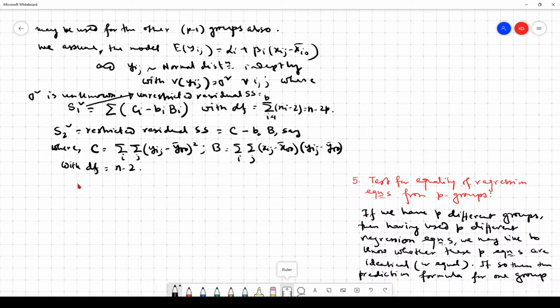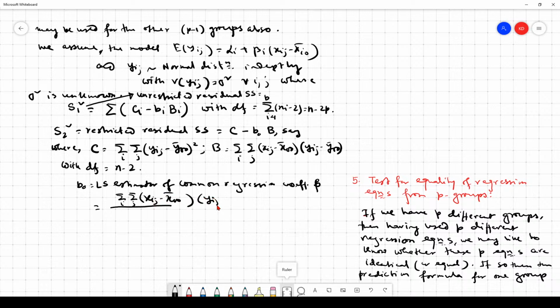And the B naught is a least square estimate, the estimator of the common regression coefficient beta, and this is equal to the double summation ij of Xij minus X naught bar times Yij minus Y naught bar, divided by the double summation ij of Xij minus X naught bar whole square.